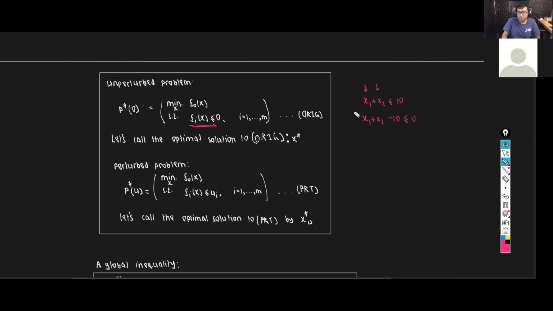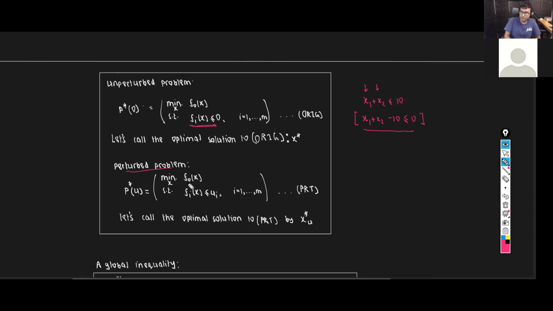Now, it could happen that new data comes in, or something happens in the finance industry, so whatever this constraint was, it changes by some amount. This is reflected in the perturbed problem, which we denote by P star of u.